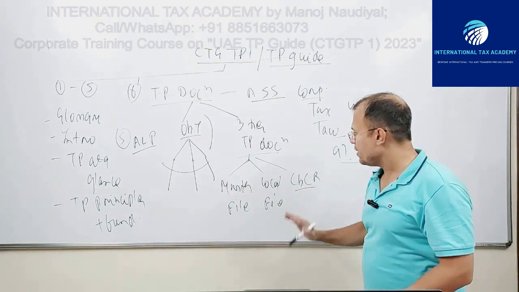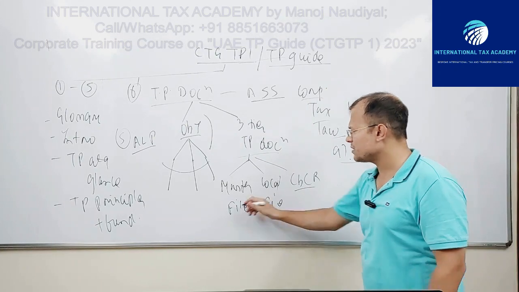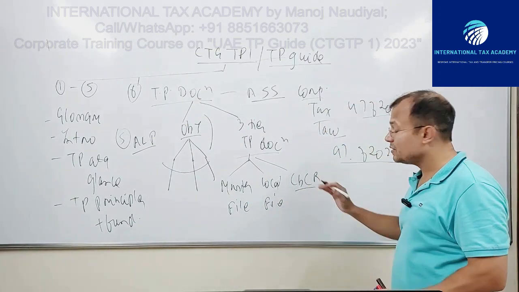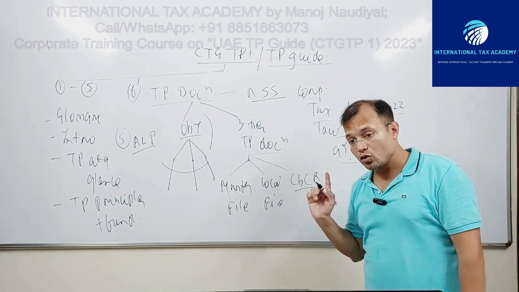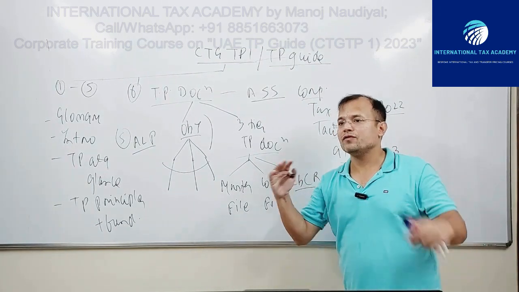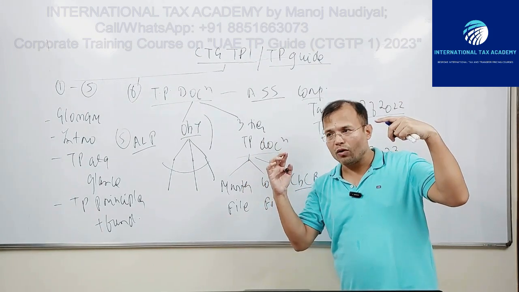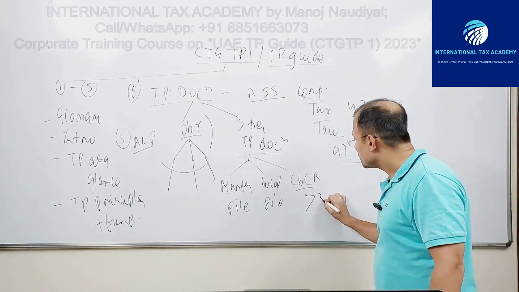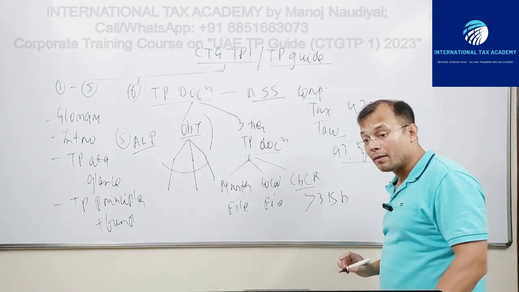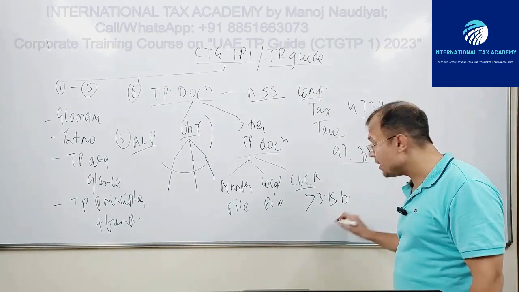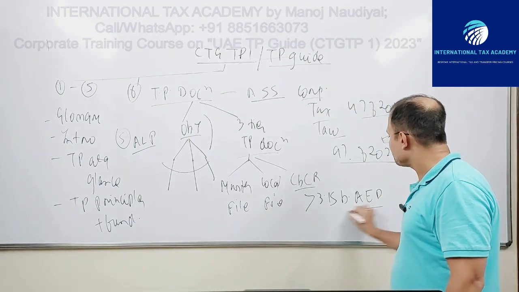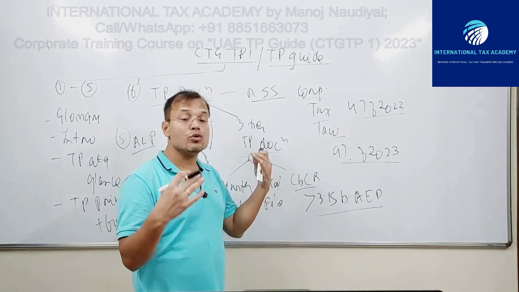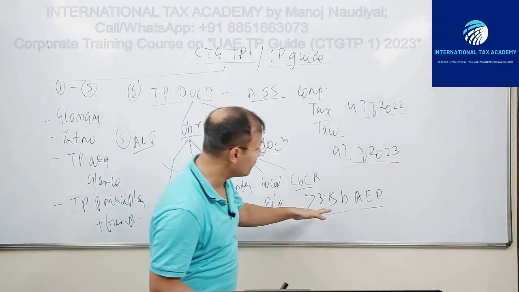So master file, local file and CBCR. The master file is for the group as a whole, the local file is for specific entities, and the CBCR, country by country report, is for those MNE groups whose consolidated revenue is more than 3.15 billion AED.